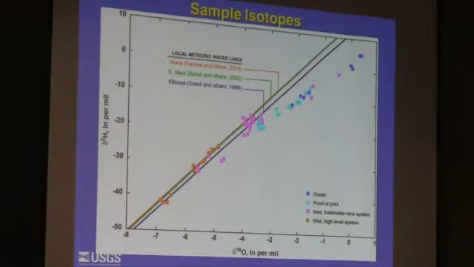The salient feature is that the orange squares, which represent the samples we collected from the high-level system, tend to be the more negative, more depleted results. That's because in the high-level system you're getting recharge from higher elevation. As you move toward the upper right of the graph, you start getting into the ocean water samples, with values closer to 0.